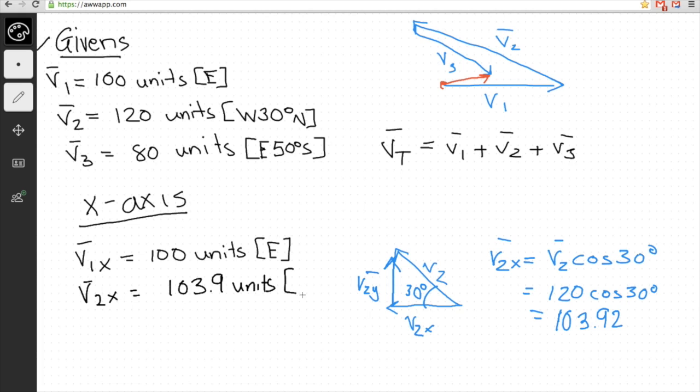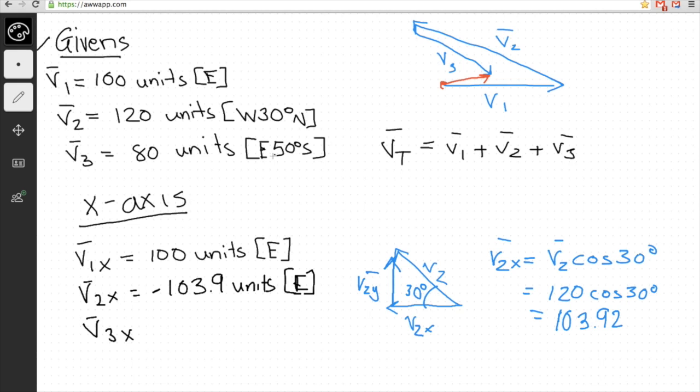Now that will be going west, but we want everything to be going in the same direction. So we're going to say that that's east, but it's negative east. And we're going to do a similar thing for V3. Instead of drawing a picture, we'll just use the same idea.